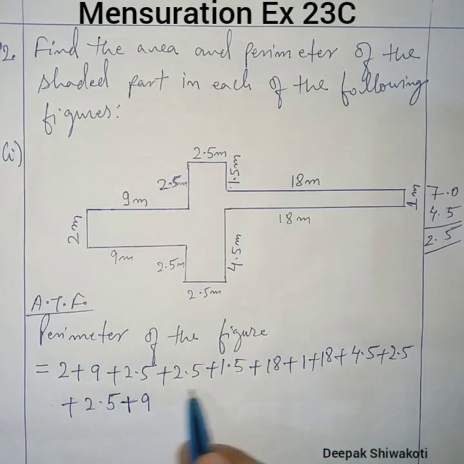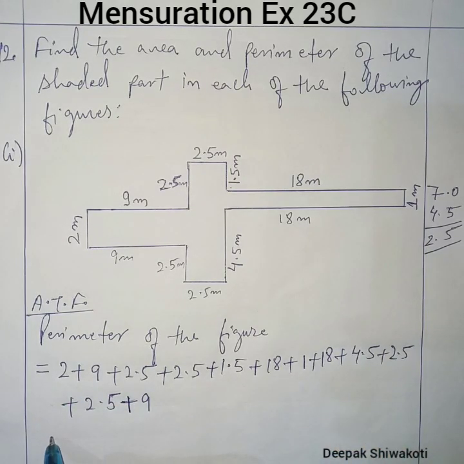When you add all these lengths, you will get 73, and the unit of the perimeter here is meter, as all the lengths are in meter. So the unit of the perimeter will be meter.